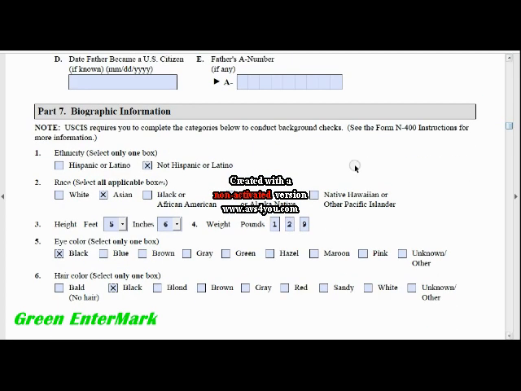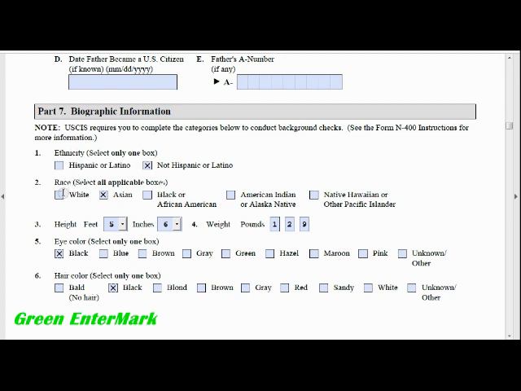Now, coming to part 7, biographic information. USCIS requires the biographical information regarding you, just like ethnicity, whether you are Hispanic or Latino, or if you are not, then you just say not Hispanic or Latino.